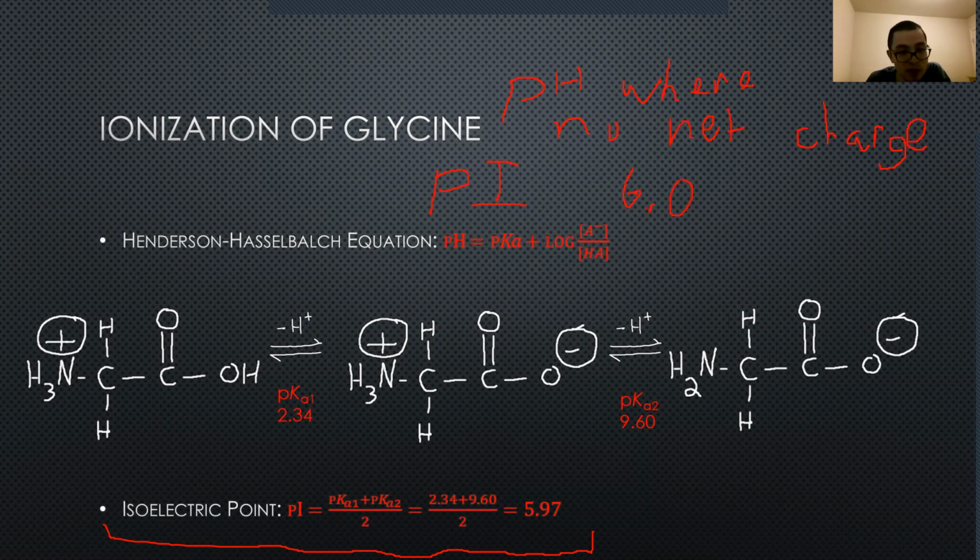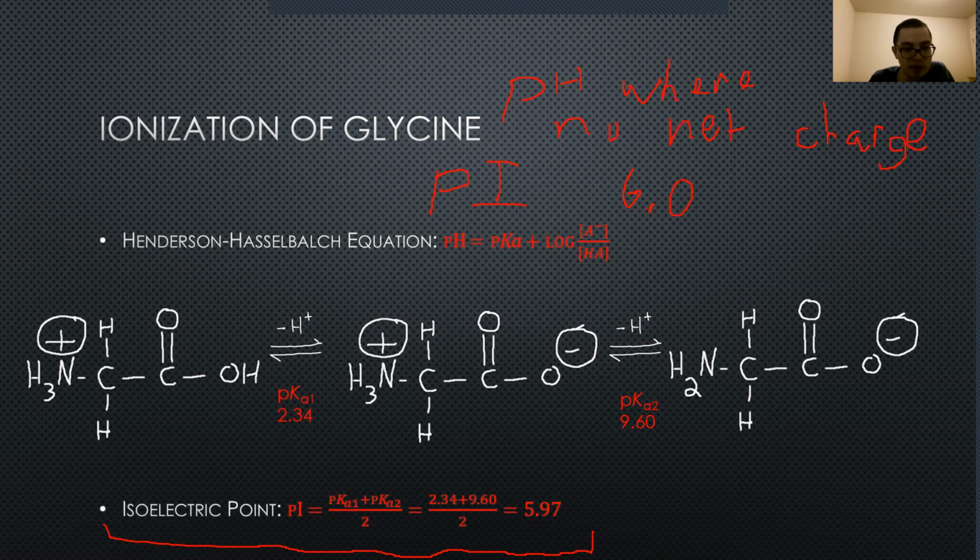If I increase my pH above 6, then glycine in a gel electrophoresis system would continue to move towards the anode, or the positive electrode, until the pH is equivalent to the pI. If pH is less than the isoelectric point, then the molecule would continue to move towards the cathode, or the negative electrode, until pH is equal to pI.